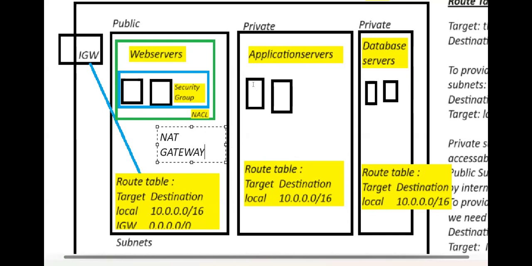So whenever you require internet access in your private subnet instances, you just connect to this NAT gateway, and the internet will be accessed through this NAT gateway by your servers, because you allowed the traffic coming from this NAT gateway.